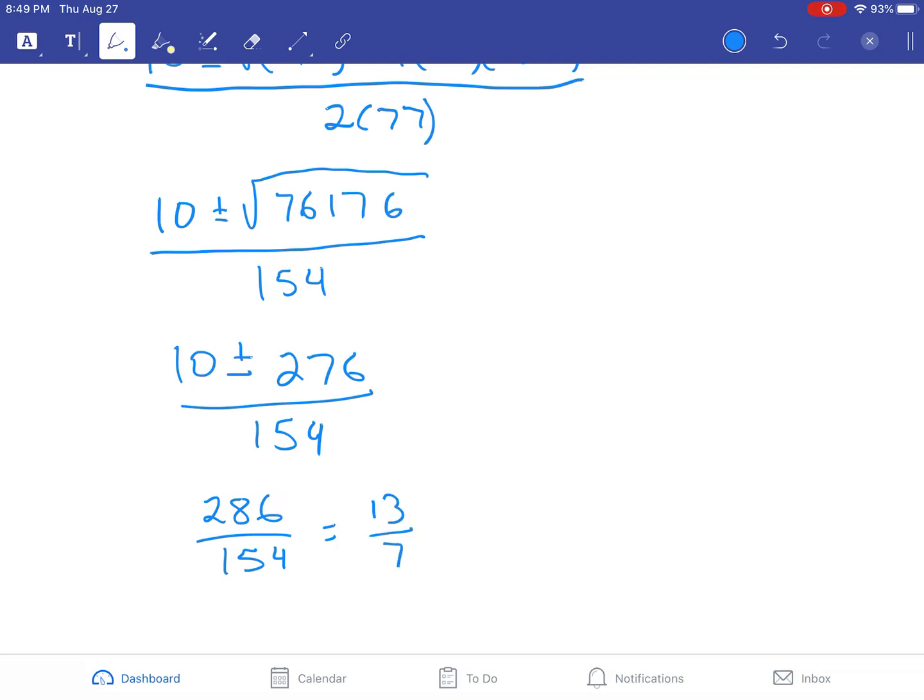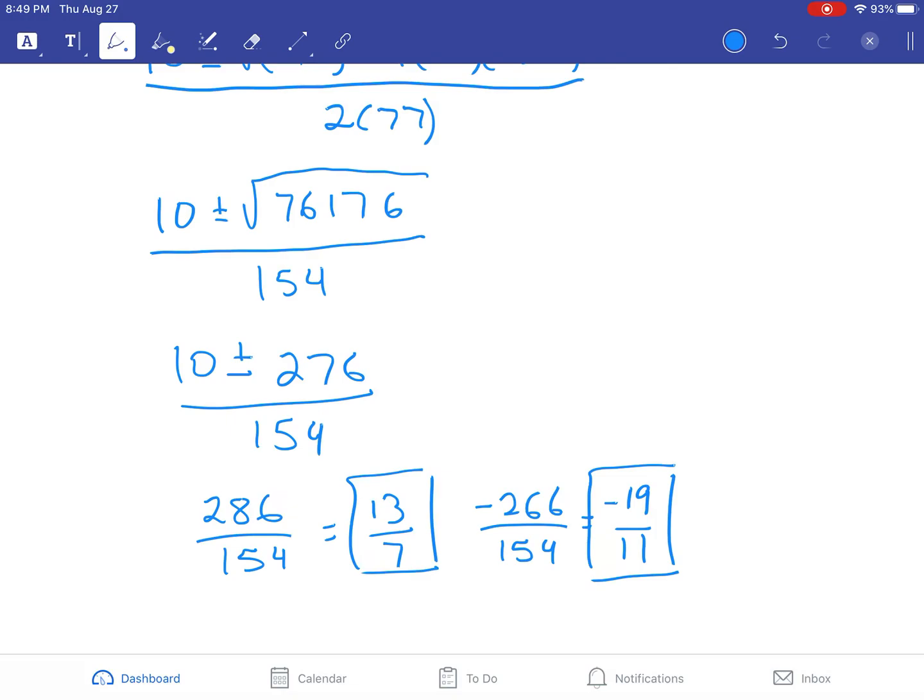If we do 10 minus 276, we're going to get -266 divided by 154, and if we reduce the fraction, that's negative 19 over 11. So these would be your two fractional answers. There you go.